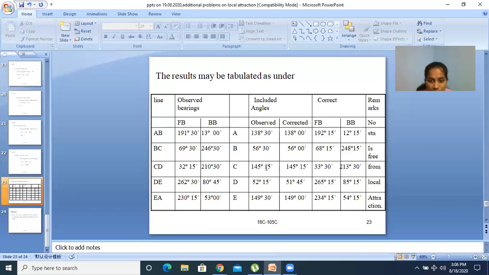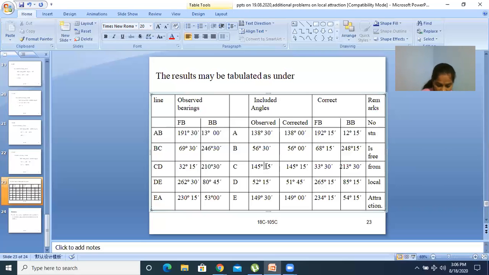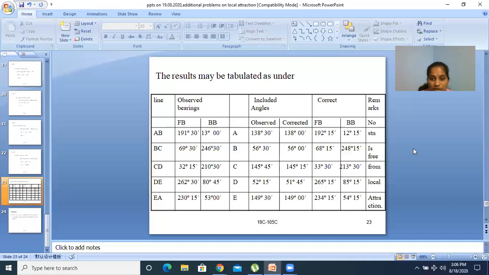So this is 145 degrees, 45 minutes minus 30 minutes, that is 145 degrees, 15 minutes. 52 degrees, 15 minutes minus 30 minutes, that is 51 degrees, 45 minutes. 149 degrees, 30 minutes minus 30 minutes, this is 149 degrees. So if we add all these angles, this must be equal to our check, 2n minus 4 into 90 degrees.